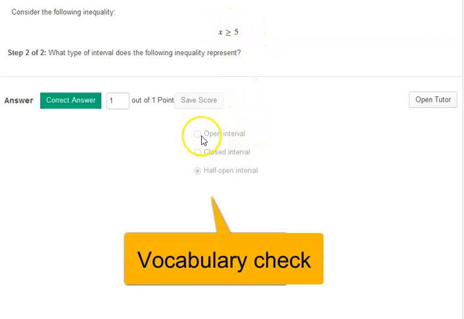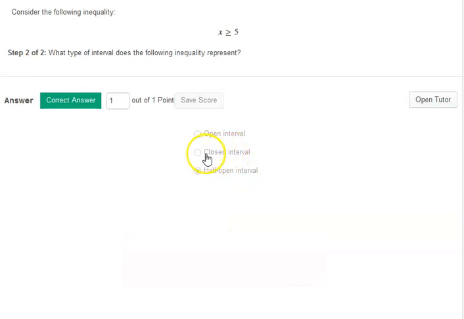Well, if it were both parentheses, it would be open interval. If we have one where there's a bracket, we say half open interval. Okay? If it were two brackets, it would say closed interval. Again, this is sort of a vocabulary check. Let's go on.